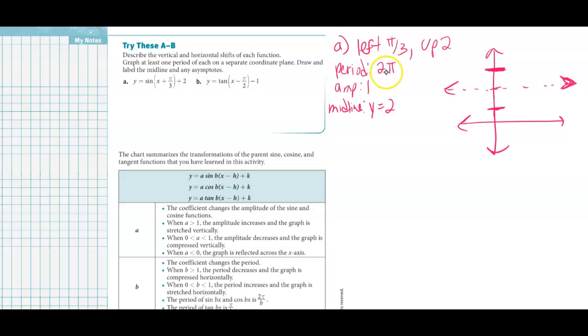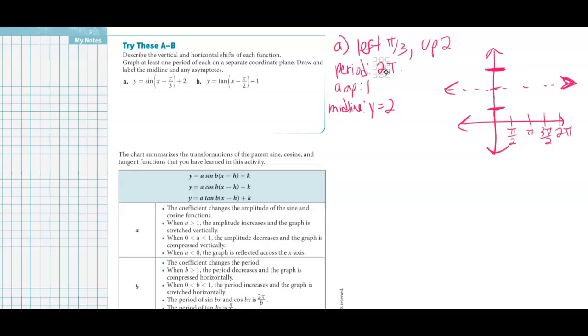My period's 2 pi, so my scale is still the quadrantal angles. And then I've got this left pi over 3.